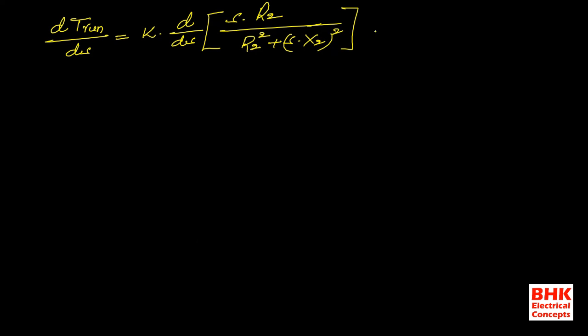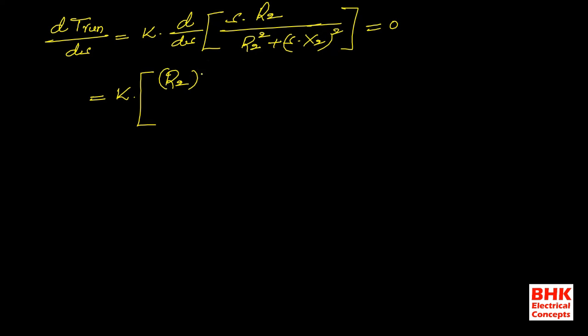Now apply the u by v formula and make it equal to 0. The numerator is u and the denominator is v, so by applying that formula, u dash means the derivative with respect to s. You will get r2, because ds by ds gives 1 and the remaining term is r2.